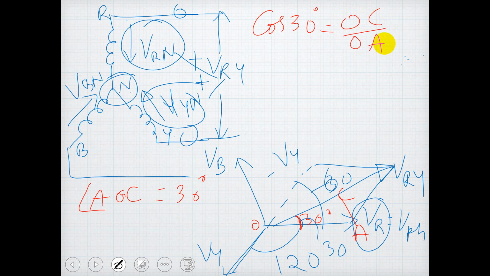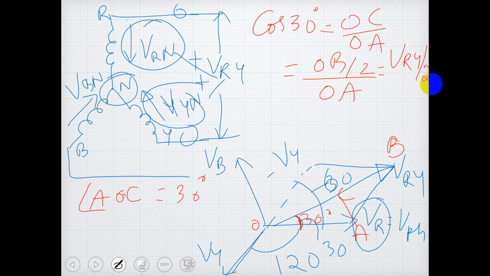The sides I'm talking here. So OC can be written as OB divided by 2. If I note this as B, OC can be written as OB divided by 2, divided by OA. But we know OB is VRY, correct? So we can write this as VRY by 2 divided by OA. Correct. But what is OA? OA is nothing but V phase. Correct. VRY is nothing but line voltage.